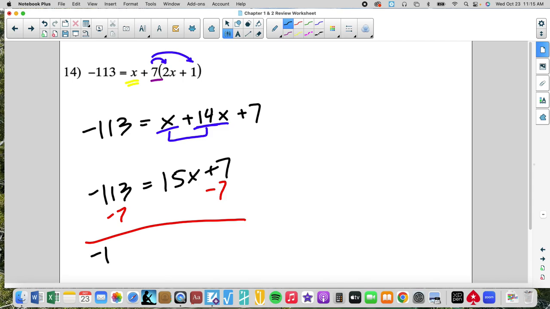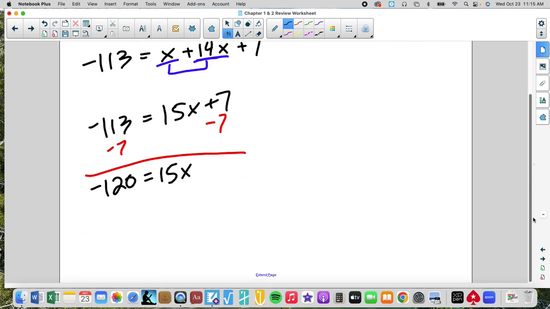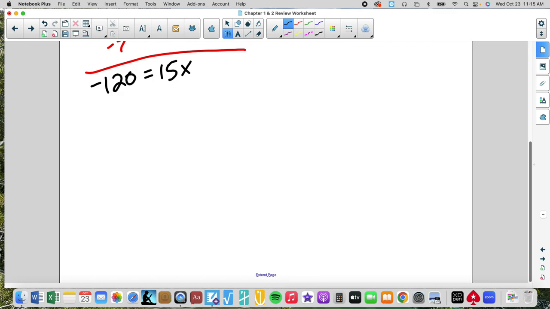Negative 120 equals 15x. We'll divide by 15, divide by 15. My answer is going to be negative. And 15 into 120. Well, let's do 120. Let's do 15. I know 5 goes into those.